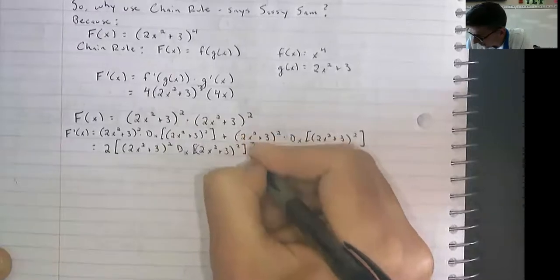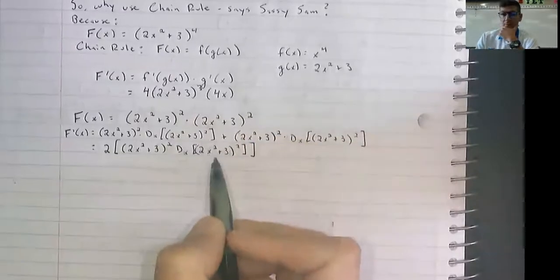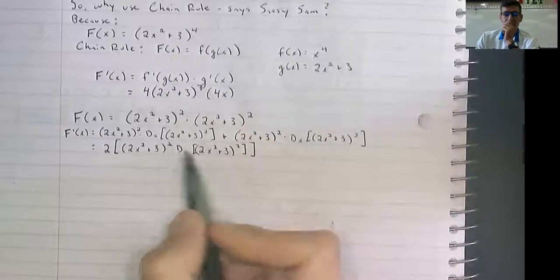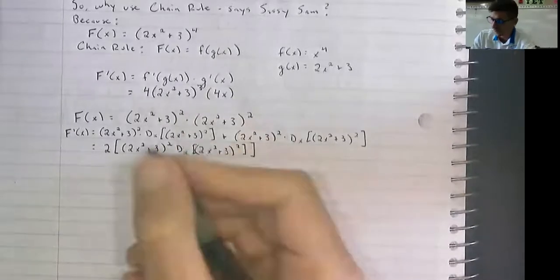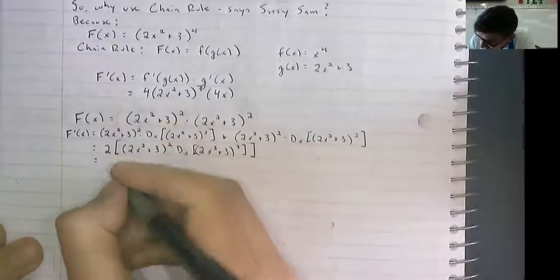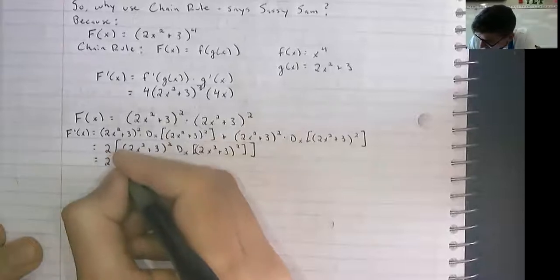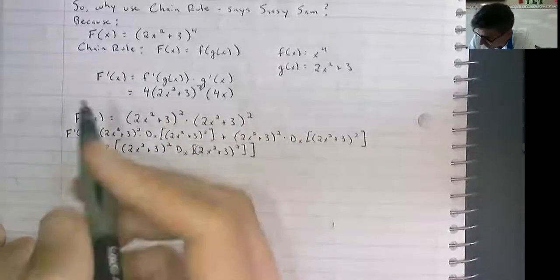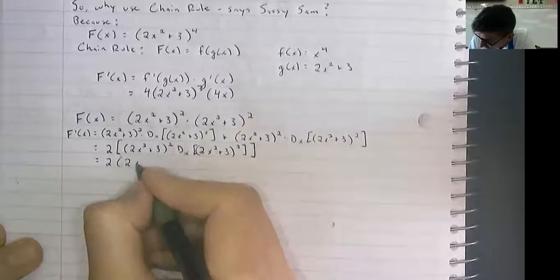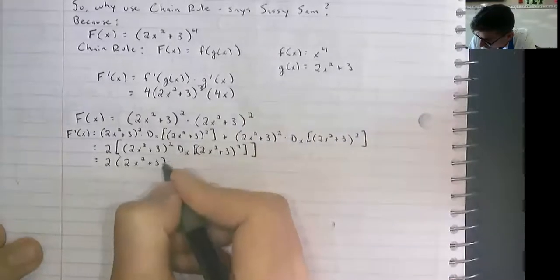Small bracket, big bracket. We still haven't figured out this derivative. There's another derivative we have to do. Okay, so let's keep going. So 2 times (2x squared plus 3) squared.